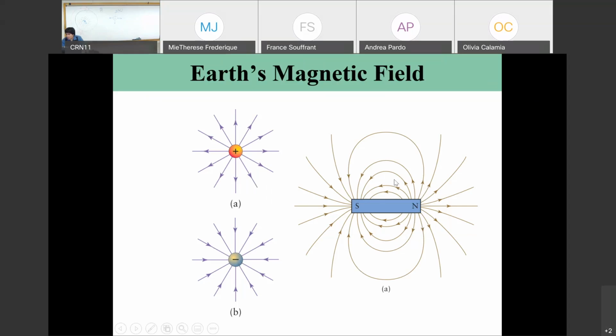And the shape will be similar to this shape. However, even though there are similarities, the big difference is that in magnetism, the north and south always come together. In electrostatics, however, you were able to divide the positive and negative charge.